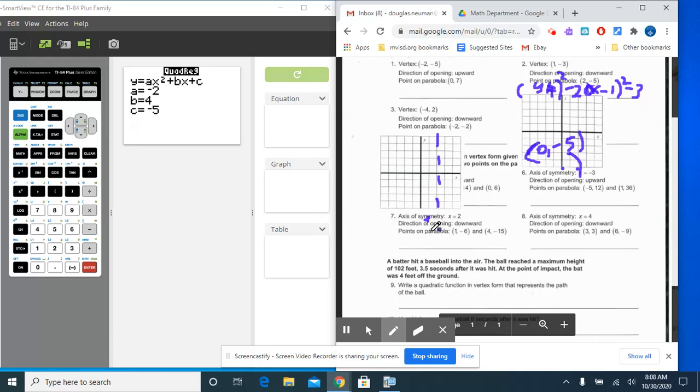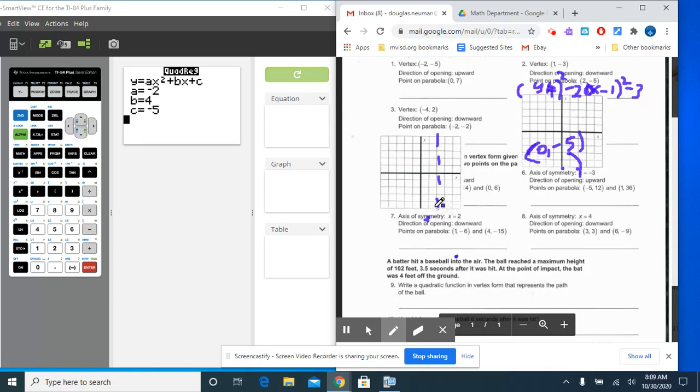So we'll just pretend that's a point there, 1, negative 6. 4, negative 15 is going way down there. The idea is it's opening down, so I know the vertex is up here somewhere. It's got to be above this 1, negative 6.